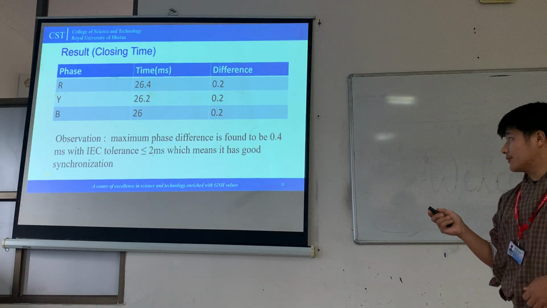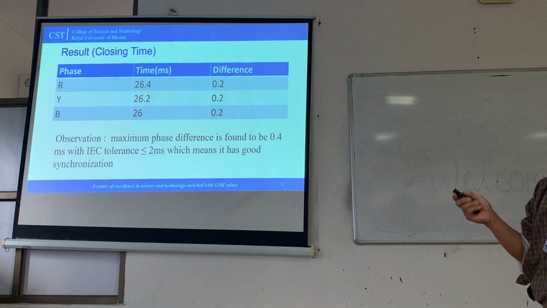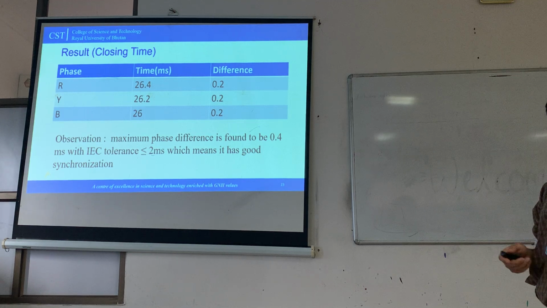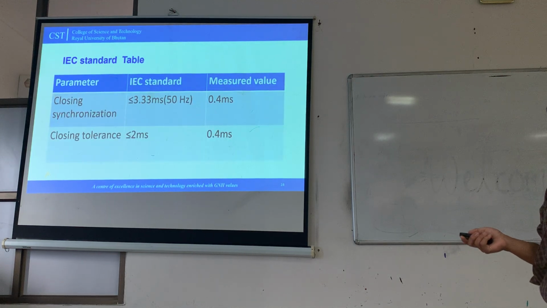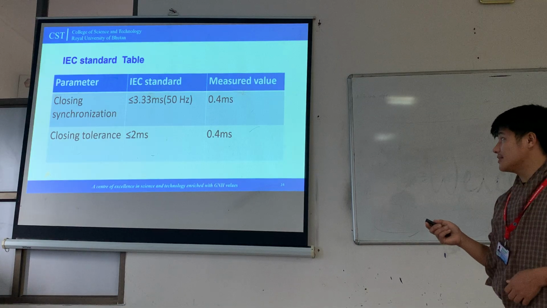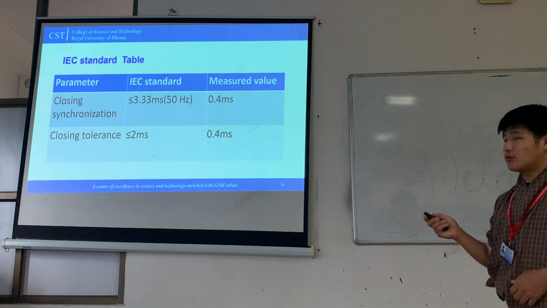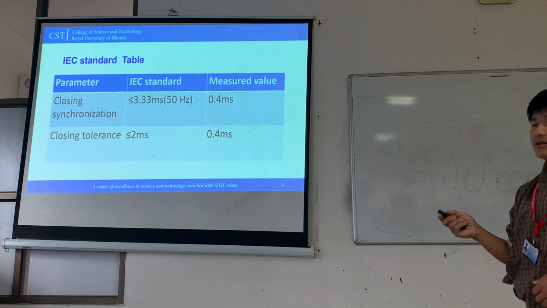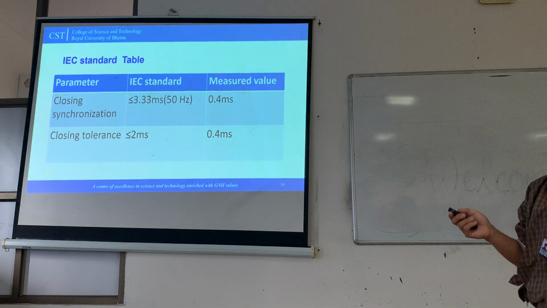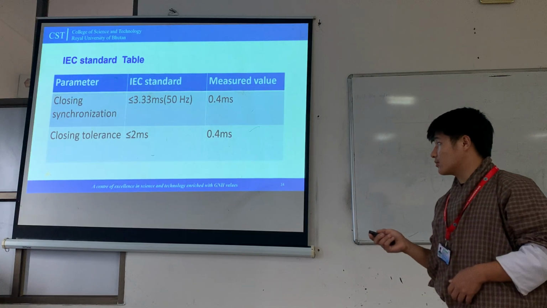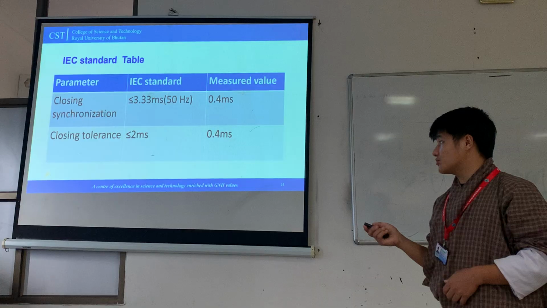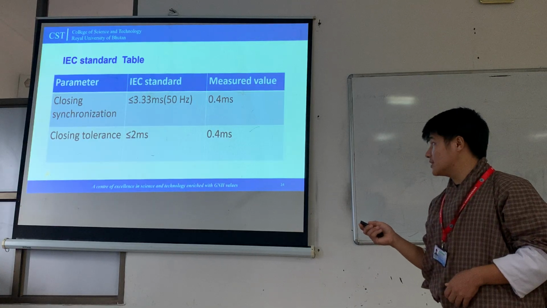And according to the standard, the tolerance should be less than or equal to 2 milliseconds. So here is the IEC standard table, where for closing synchronization it should be less than or equal to 3.23 seconds, whereas for closing tolerance it should be less than or equal to 2 milliseconds.